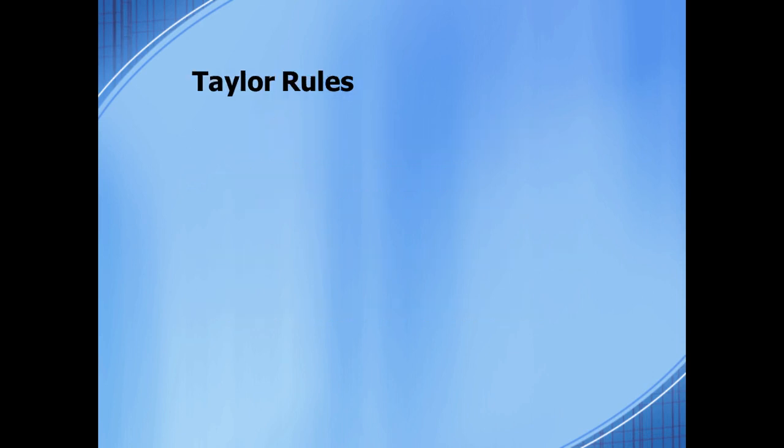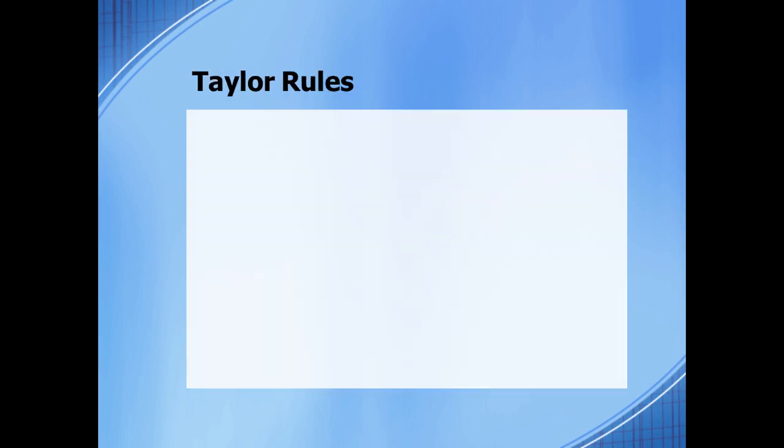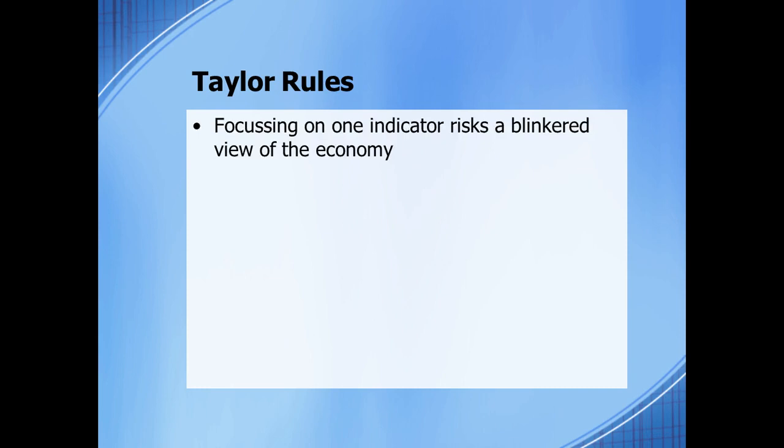If we look at some rules that came up from the Taylor rules, usually we don't see one fixed rule. Taylor rules focusing on one indicator risks a blinkered view of the economy. Not just in the economy, but if we only focus our target from one view, it can be quite blinkered to see what success actually looks like.